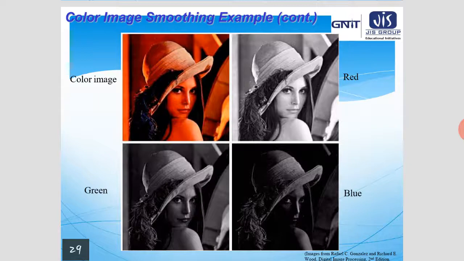Here the color image smoothing examples have been given. So the corresponding color image has been given here. From there we can easily separate out the red component, the green component and the blue component by using the color image smoothing operations.